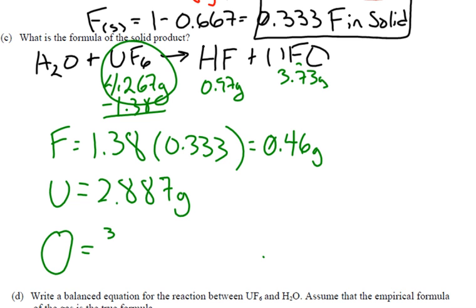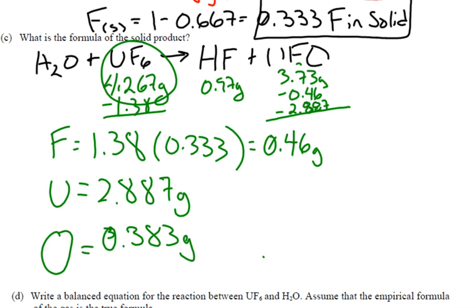We've already accounted for how much fluorine was in it. We've accounted for the uranium, 2.887. So if we just subtract all that out, we find that the oxygen had a mass of 0.383 grams.